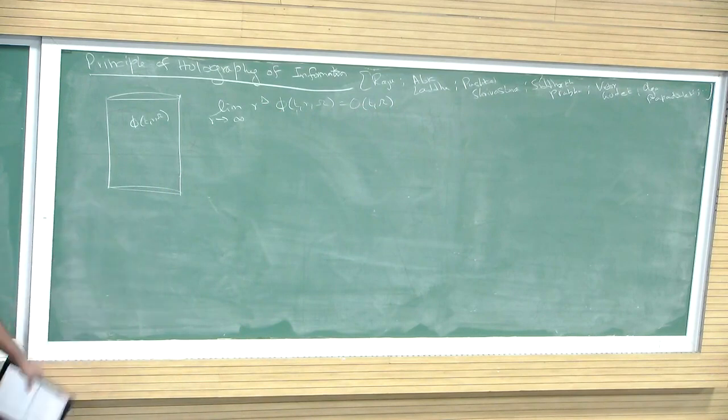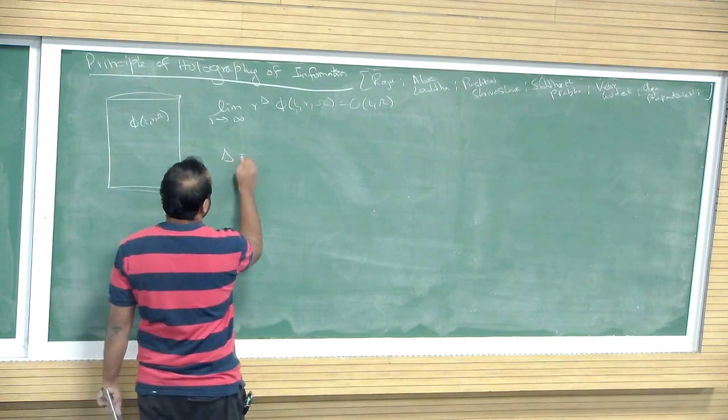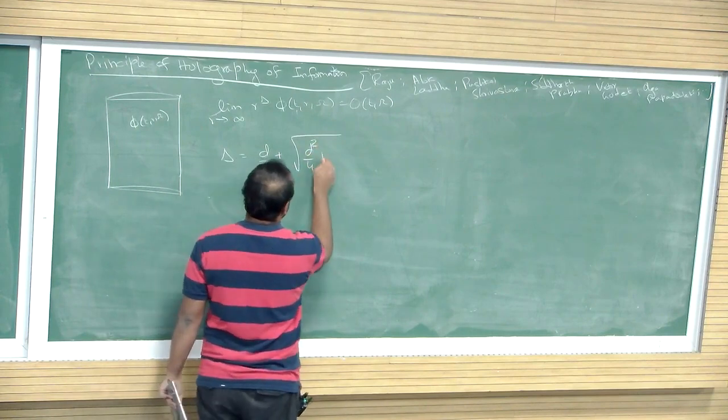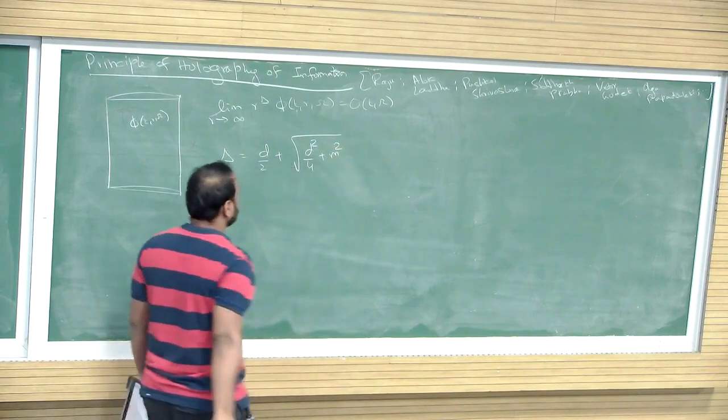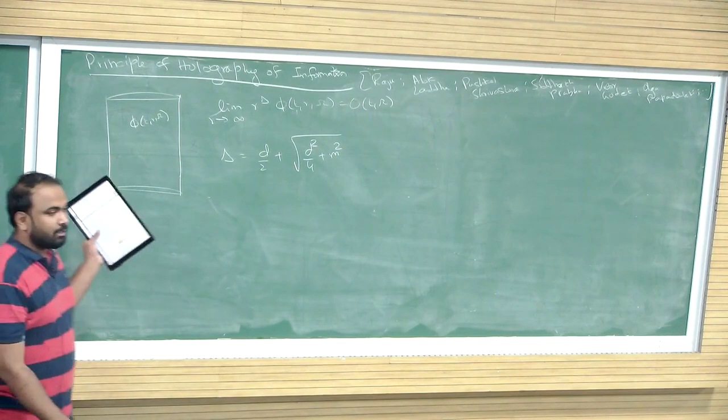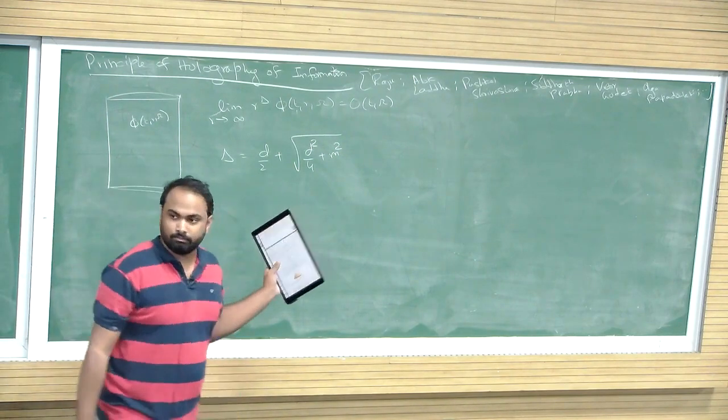For example, if you have scalar fields in the bulk, then this delta has an expression of this kind. Everything that I'll talk about, I'll set the AdS length scale to 1.